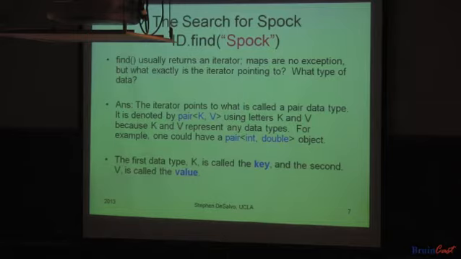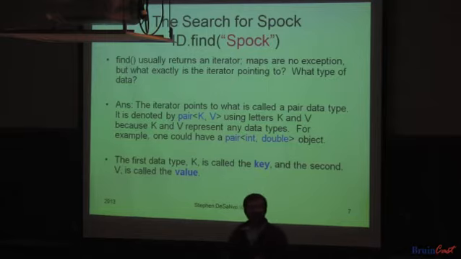Okay? So here's the better question now, which is, suppose you return an iterator to an element in a map. What does a map consist of? Okay. So the answer is, it actually points to what's called a pair data type.